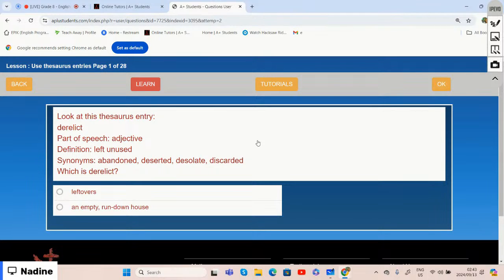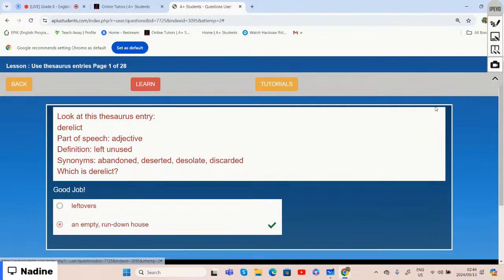What does that mean? And if we were to say what derelict means, then we can say it is an empty, rundown, abandoned house.